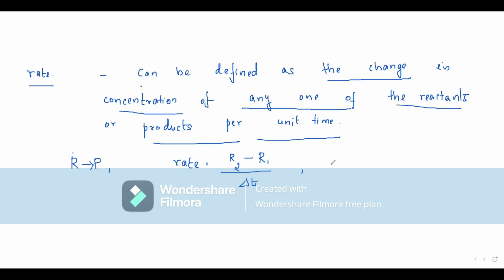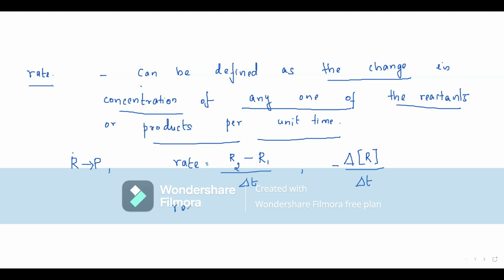So, we write it as rate is equal to minus delta R, that is change in concentration of R, minus delta R by delta T. So this minus sign here indicates that the concentration of the reactant is continuously decreasing.